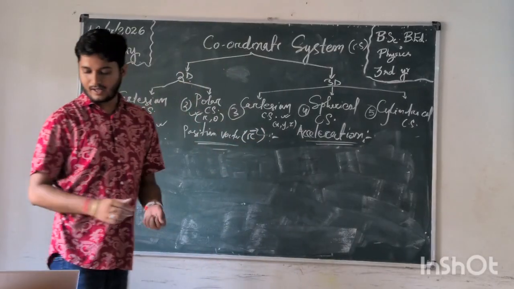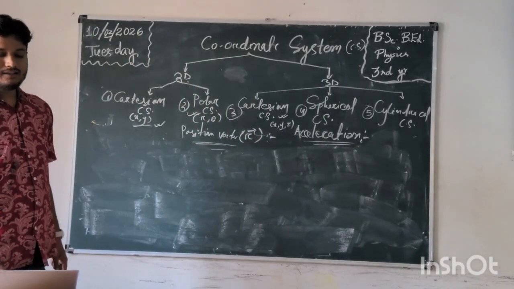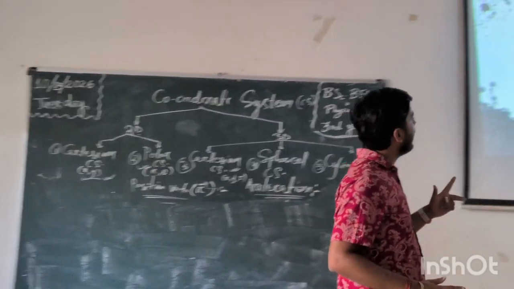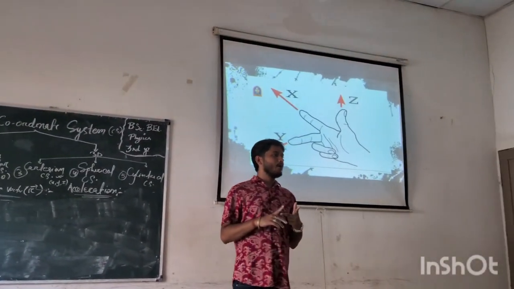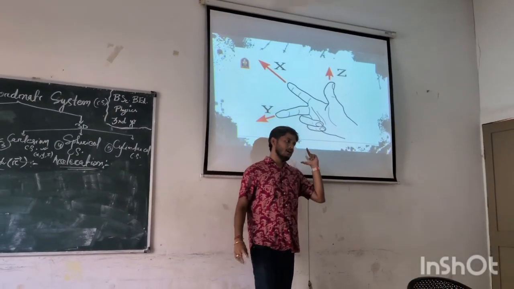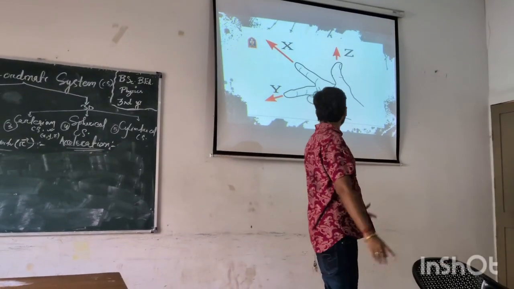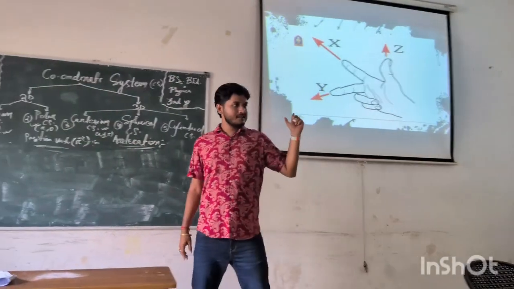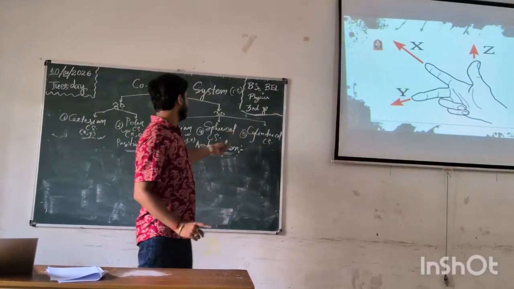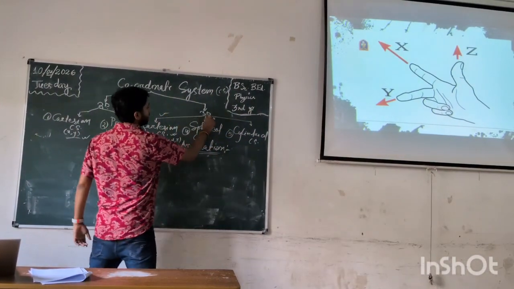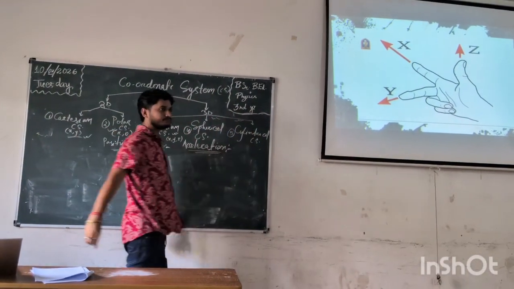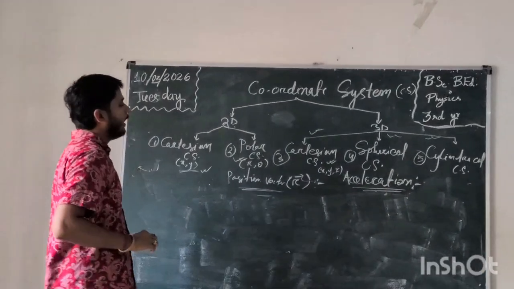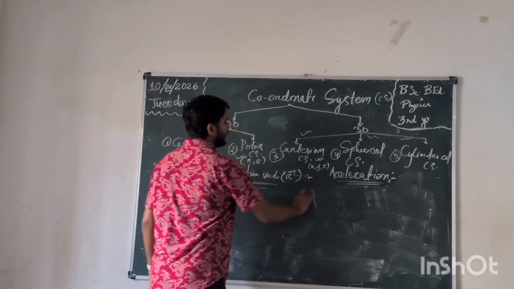There are 3 directions. We always know Fleming's left hand rule and such things from the electrodynamics chapter we already studied. These things can be used in this type of coordinate system. So first is Cartesian coordinates in 3D.